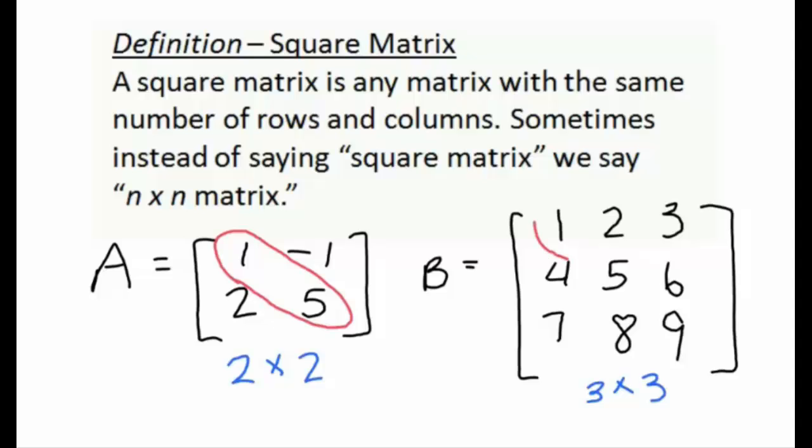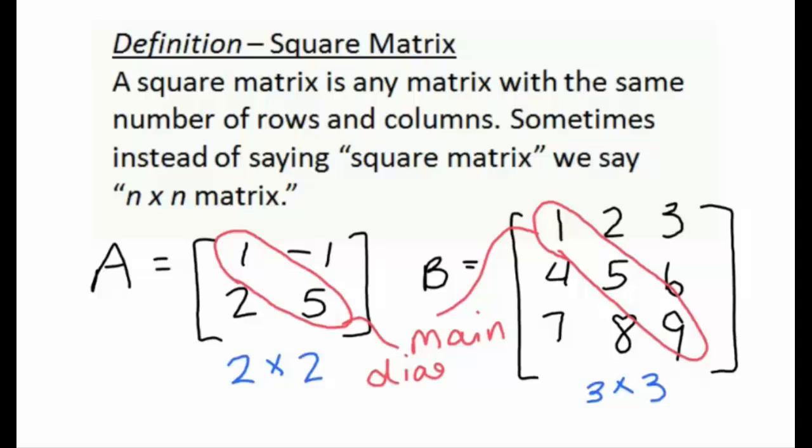So it's these 3 numbers here, 1, 5, and 9, that make up the main diagonal of matrix B. For the purposes of our course, we're only going to consider square matrices as having a main diagonal.